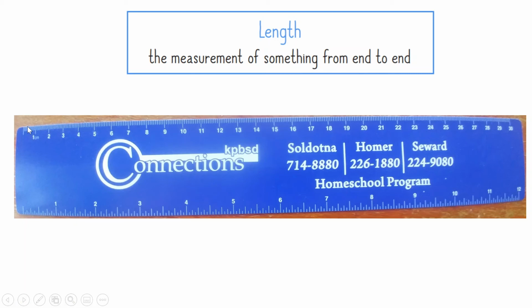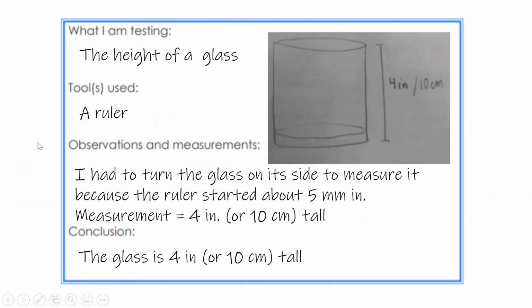You see that? Because 10 millimeters is equal to 1 centimeter. So I knew that it's about 5 millimeters off, and I wanted to make sure that my measurements were accurate. And so I had to turn the glass on its side to measure it. The conclusion: the glass is 4 inches or 10 centimeters tall. And then I drew a picture there.